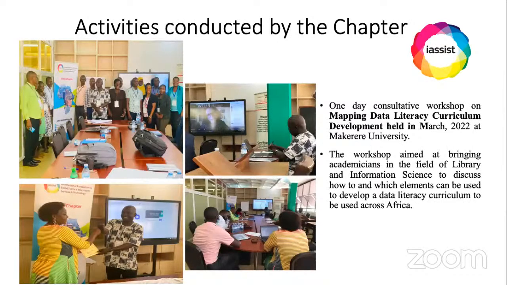What activities have we conducted as the chapter? In March, we held a workshop on mapping data literacy curriculum. We are planning to have a curriculum which can be used in all chapters, so that if I want to teach or train, there is a standardized curriculum.